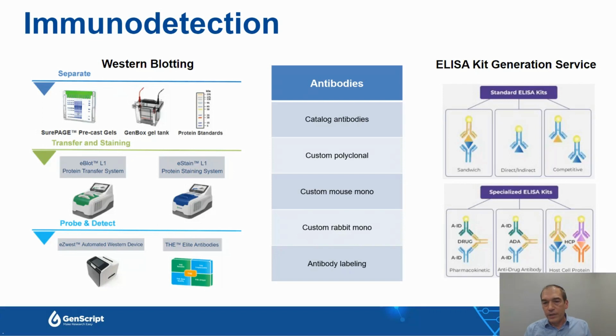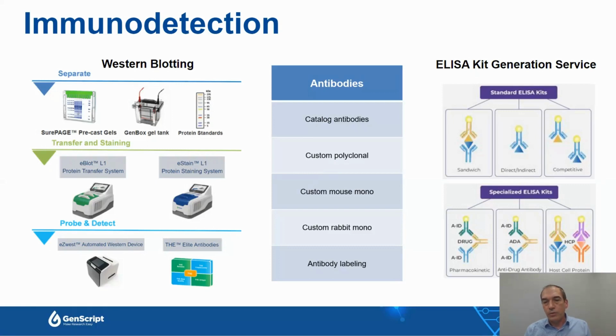We also have very high quality catalog antibodies that are off the shelf and ready to ship. In addition to the catalog antibodies, we can also develop any custom antibody. We can develop custom polyclonal antibodies, custom mouse monoclonal antibodies, custom rabbit monoclonal antibodies.